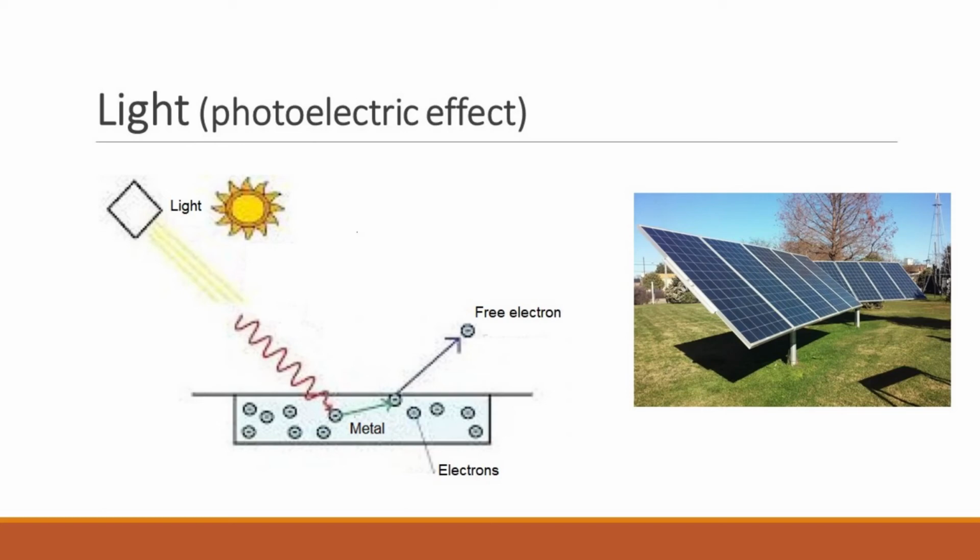So light brings energy to the outer electrons of the metal and they get energized. They get energized enough to be free from the atoms of the metal, and then they turn into free electrons. That's the idea behind the solar panels we see in modern installations.